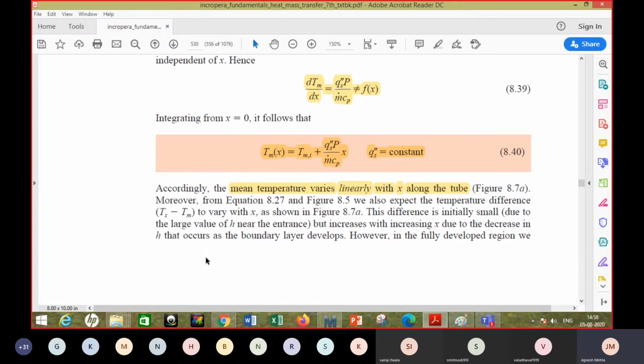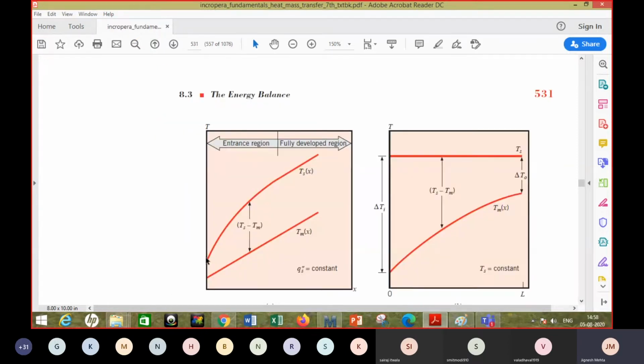With the help of this equation, you could show how Tm varies along the length of the tube. Basically, it's a linear change. And regarding Ts, in the fully developed region the difference remains constant, but the difference goes on reducing in the entry region.